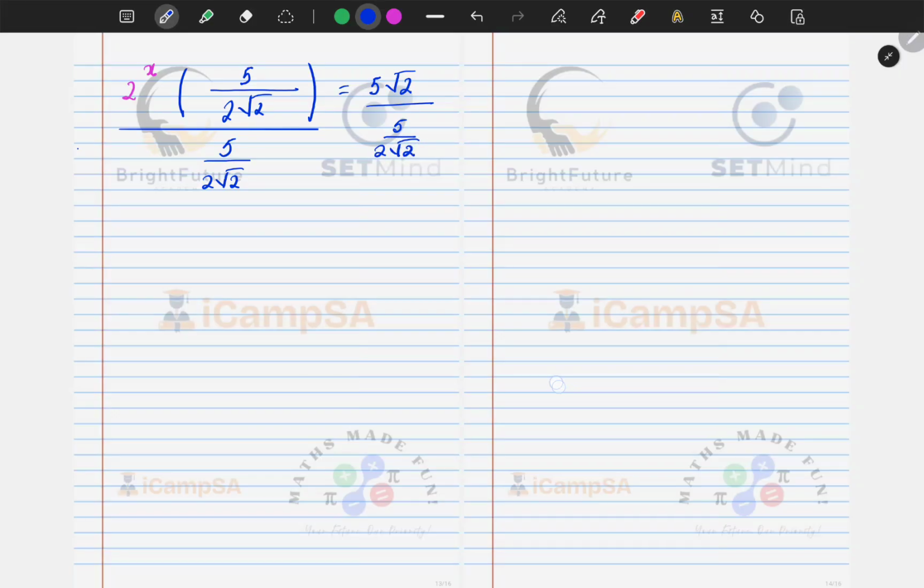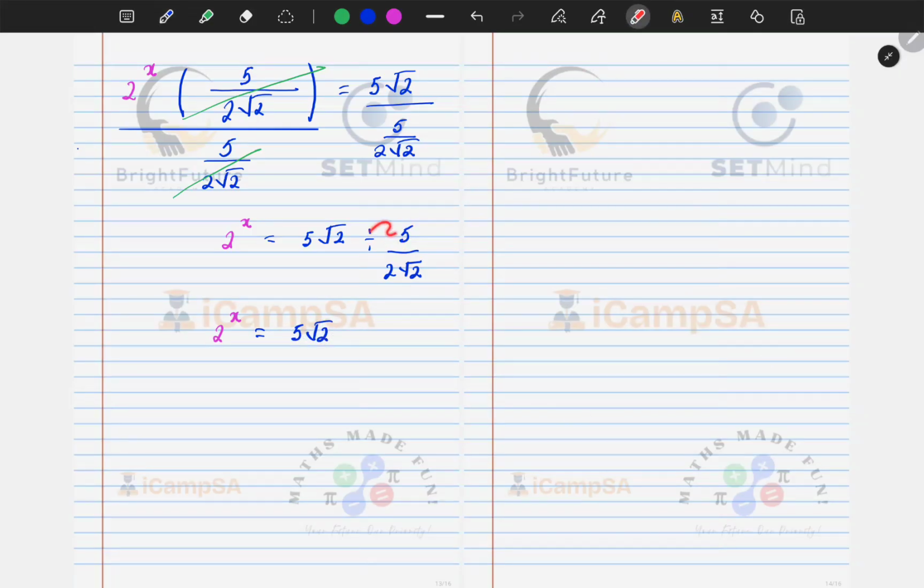This and that will cancel, and then I'll be left with 2 to the power of x on the left hand side, and then I'll be having 5 root 2. I'm going to write it this way now: 5 over 2 root 2. I'm writing it this way so that I don't confuse myself. Then I can go on and simplify. I still have 2 to the power of x equals your 5 root 2.